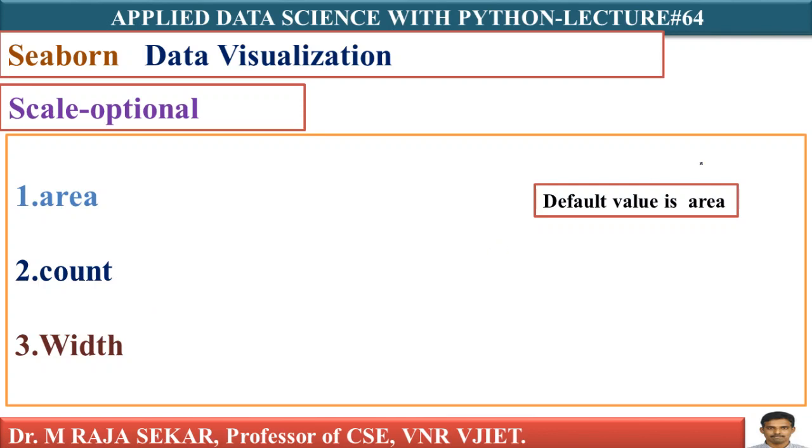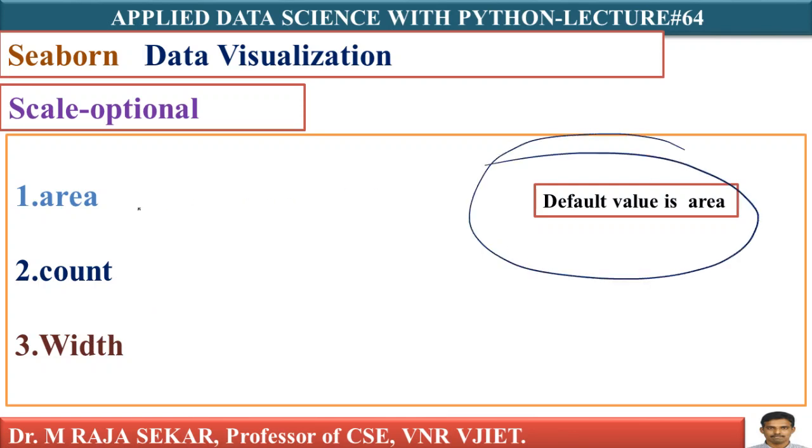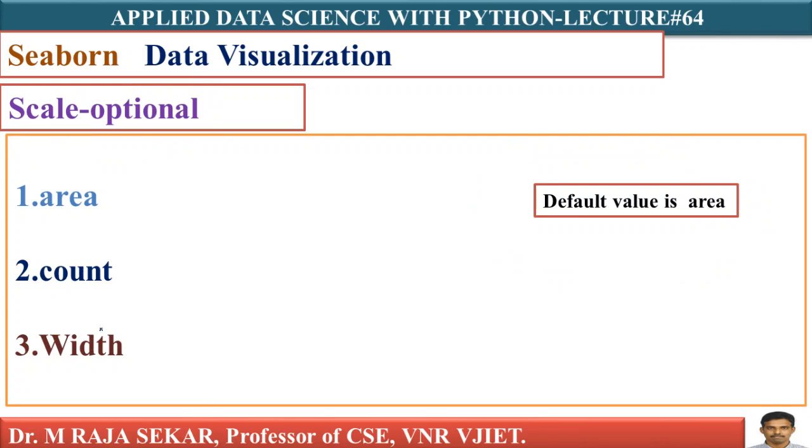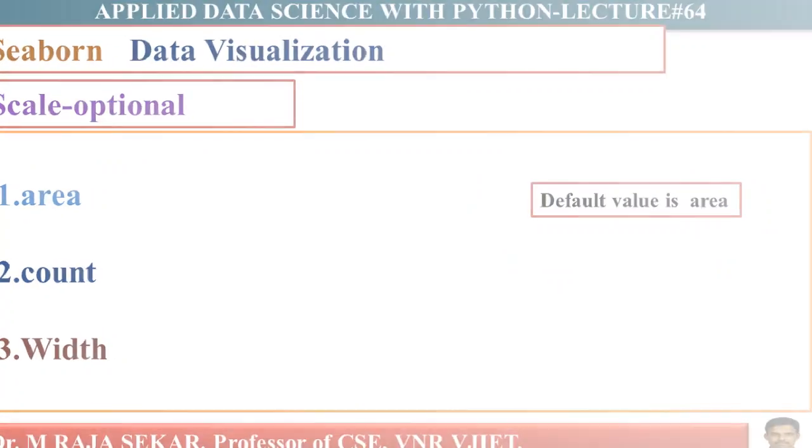Again let me repeat, its default value is area. If you are not specifying a scale value, it will be treated as area. This is an optional argument, so you need not keep it while constructing violin plots.